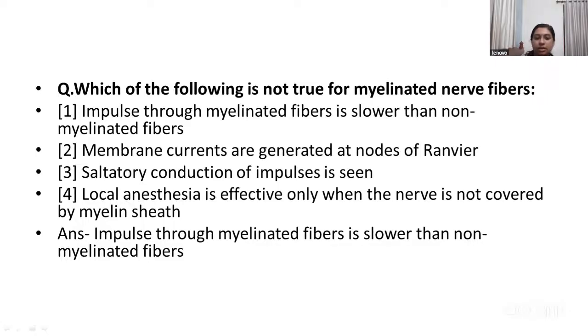The answer is that impulse through the myelinated fibers is slower than non-myelinated. Usually the impulse passing through myelinated fibers is more rapid than in non-myelinated fibers. That's the advantage of the myelin sheath.